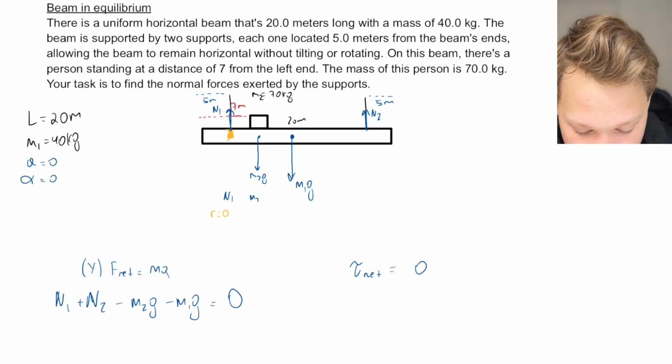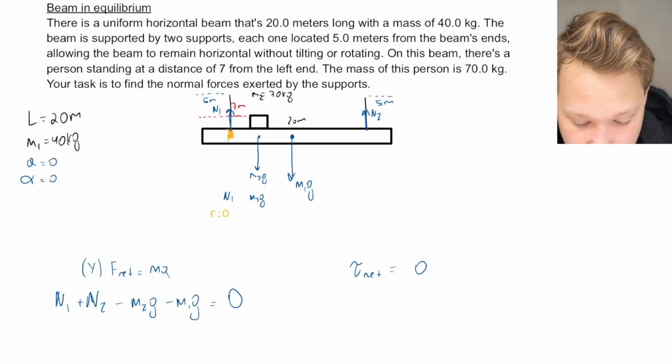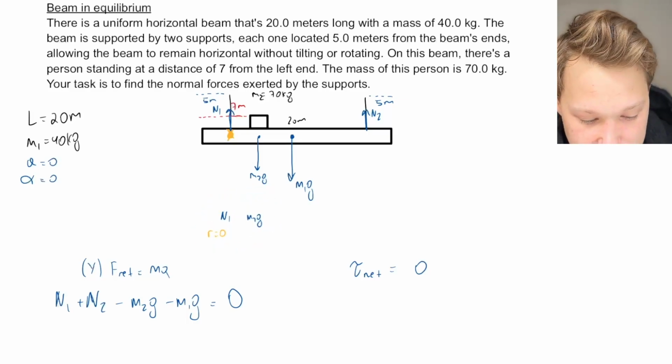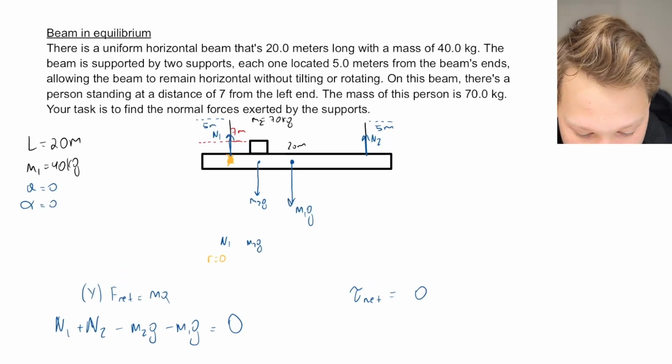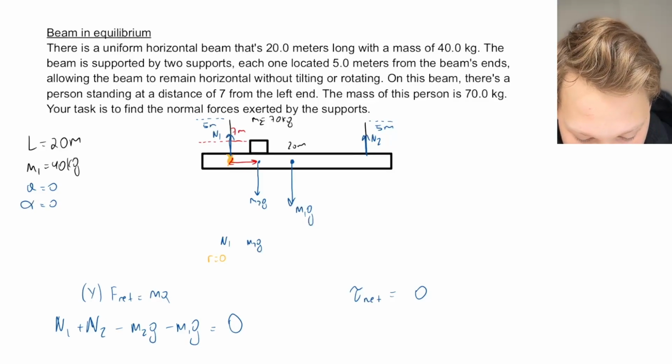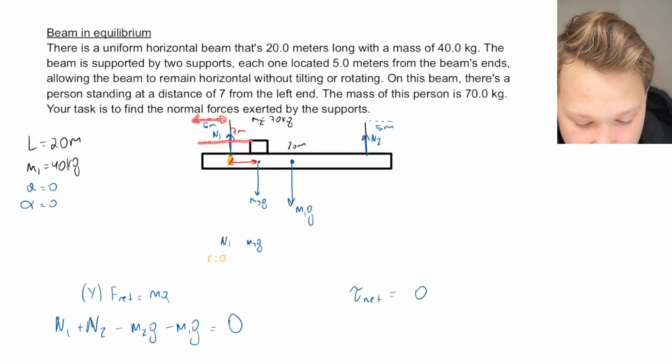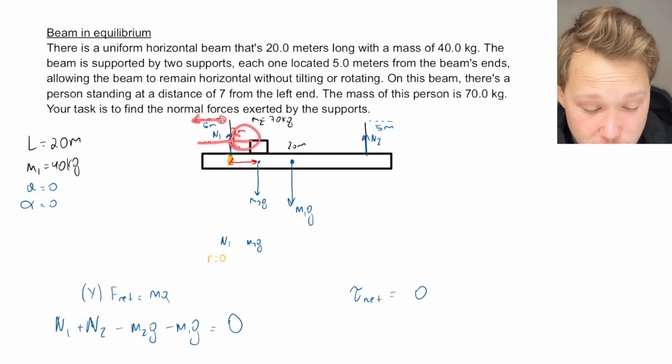M2G will have, let me take a look, so let's think, what is the distance away from that point? We know it's 7 meters away, and this one here is 5 meters, right? So therefore the distance that's left is 2 meters away.